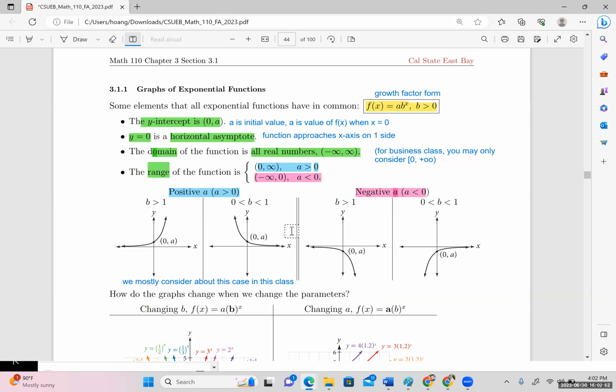For this case we also split into two smaller cases.